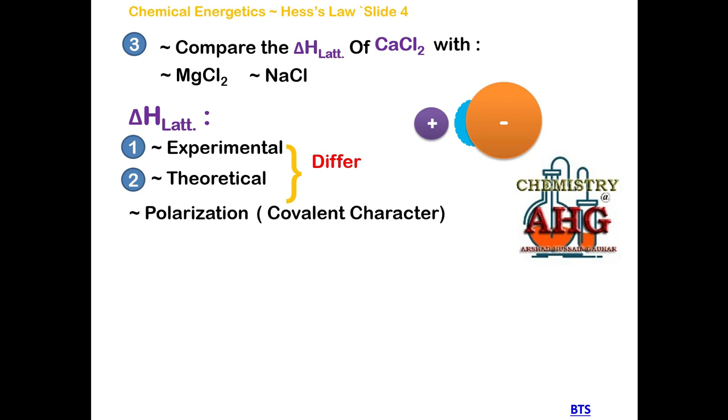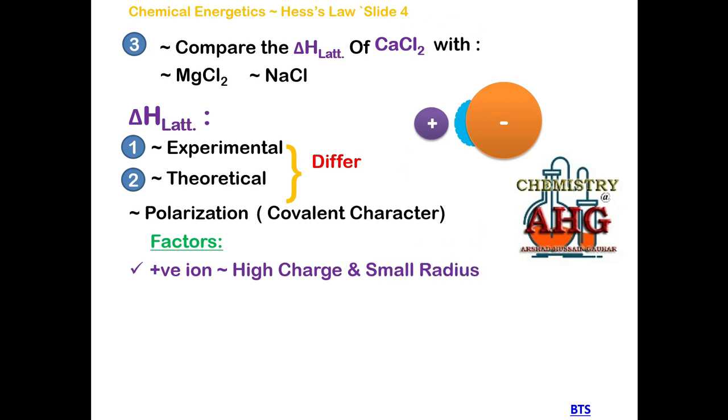Now, before giving you an example of a question from your past paper, one more thing you must remember: which positive and negative ions suit polarization. The best positive ion for polarization is one having high charge and small radius. This is one factor on which polarization depends.